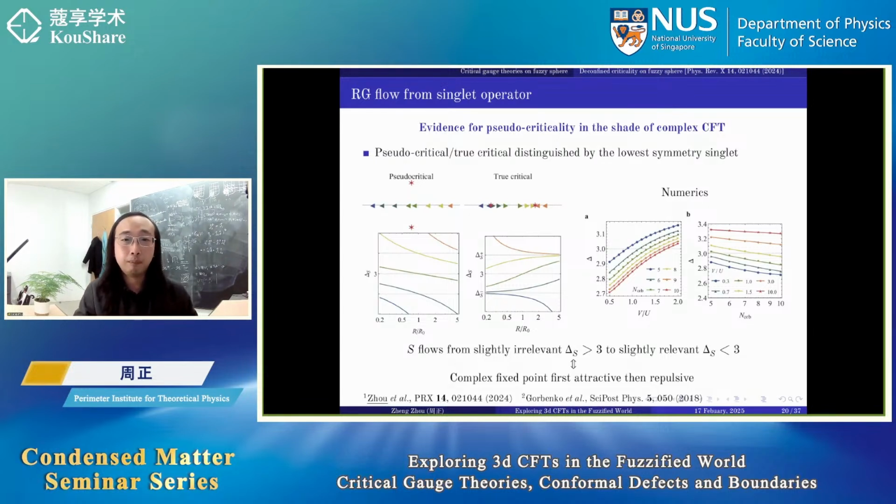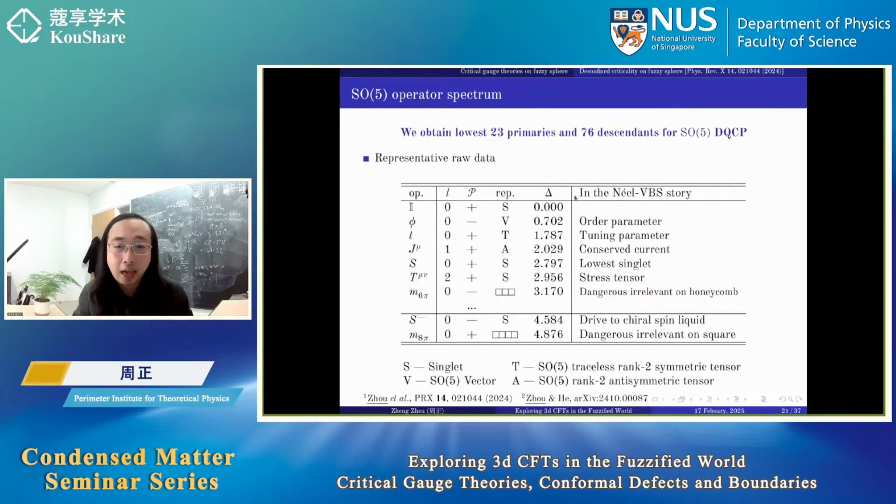So besides this singlet, we can obtain a lot of primaries and their descendants, and many of them play a very important role in the original Néel to VBS story. For example, there is the tuning parameter, or the order parameter, or the dangerous irrelevant operators on the honeycomb and square lattice.